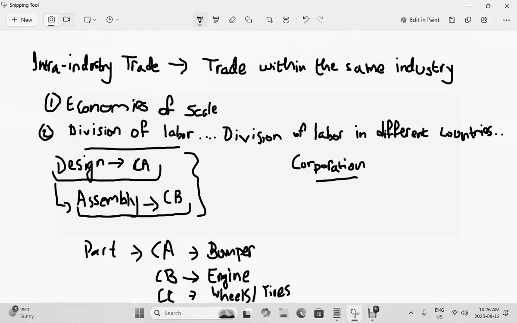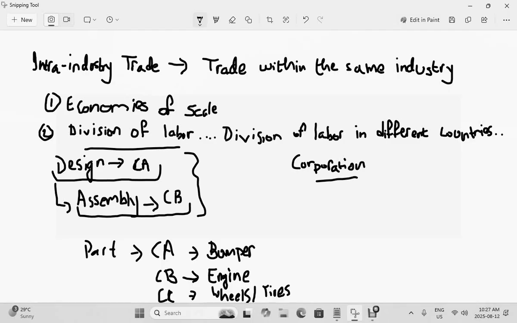And this has to do with intra-industry trade because the corporation understands that we cannot manufacture this particular part of a finished product in a certain country because of lack of raw materials, natural resources, specialization of labor. Maybe they don't have a certain type of workers, or a certain type of workforce.